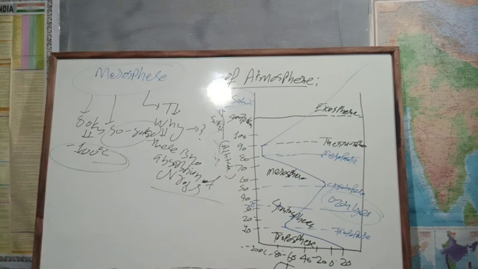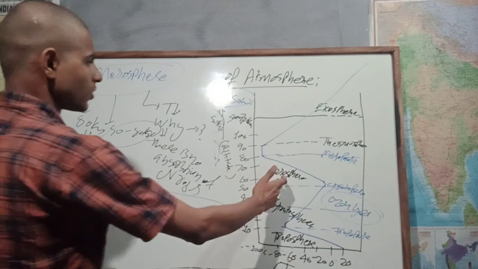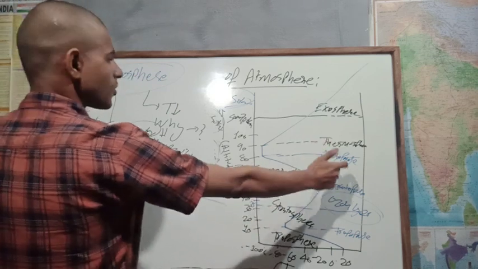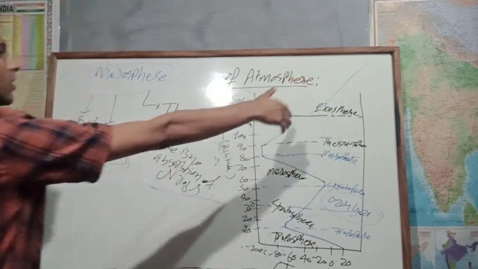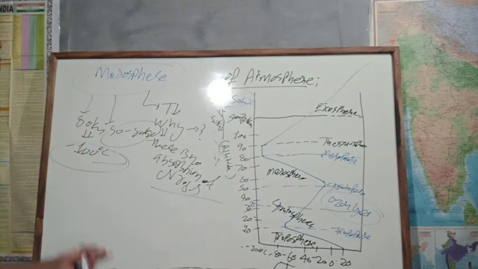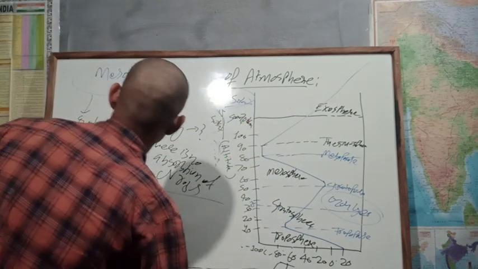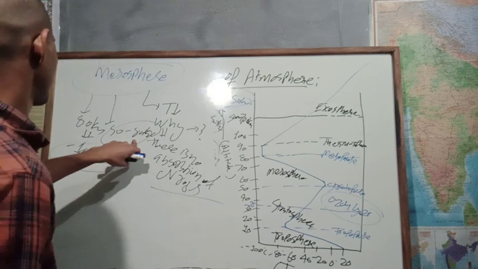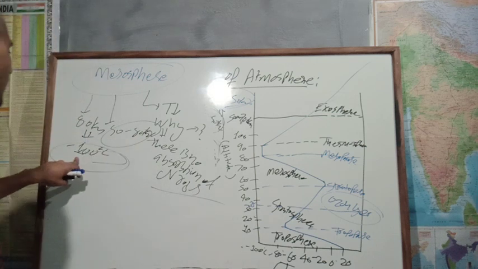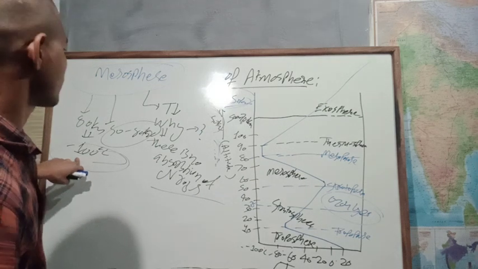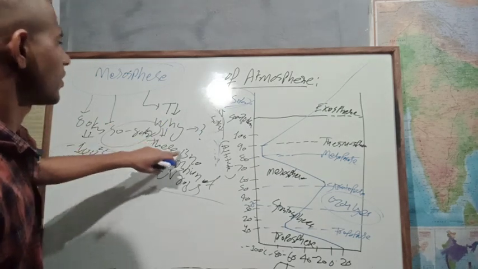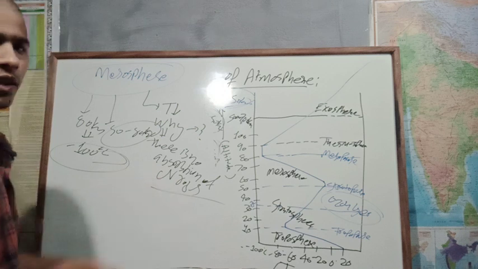Another one: at the top of the mesosphere we have the mesopause. This is the boundary between thermosphere and mesosphere. So this is all about mesosphere: 50 to 80 kilometers, temperature reaches minus 100 degrees Celsius. Why does the temperature decrease? Because there is no absorption of the rays coming from the sun.